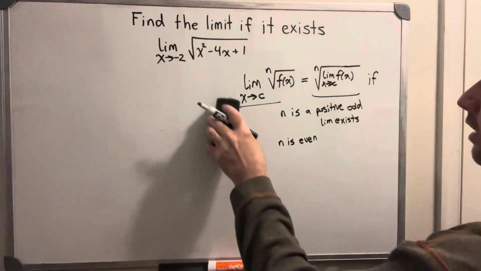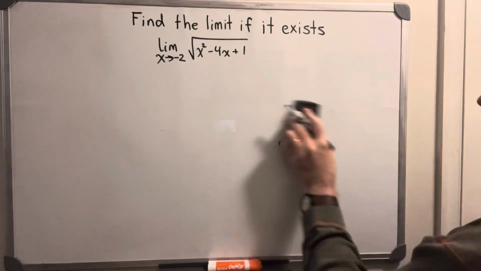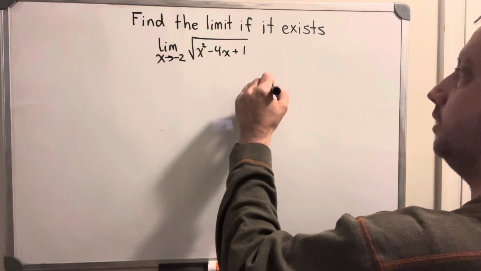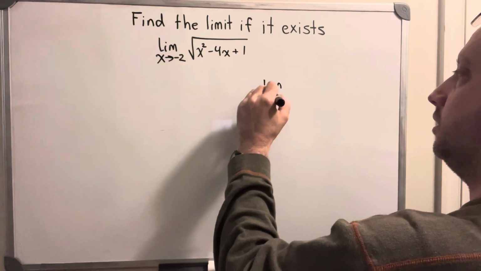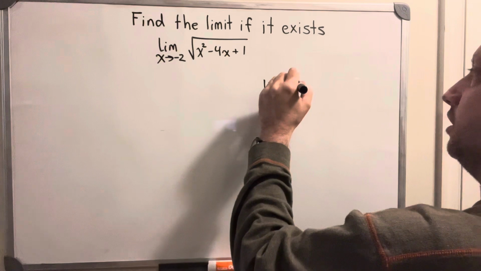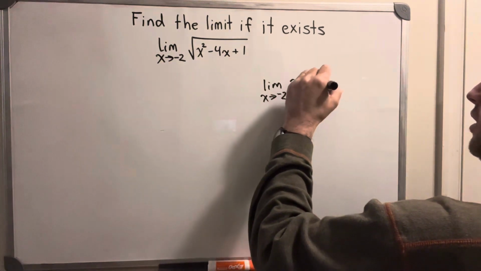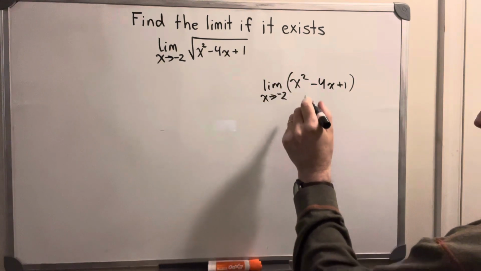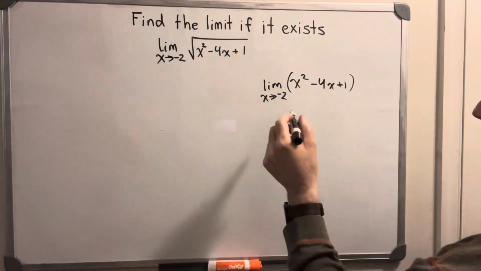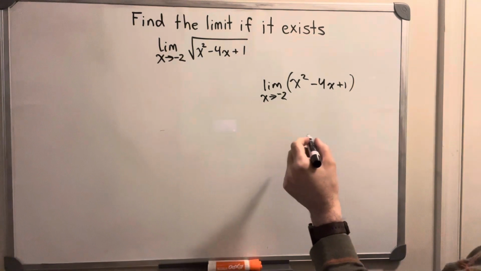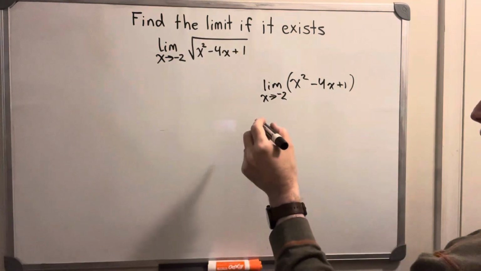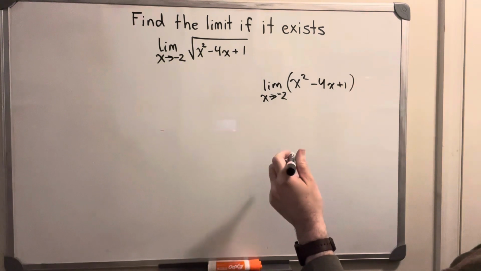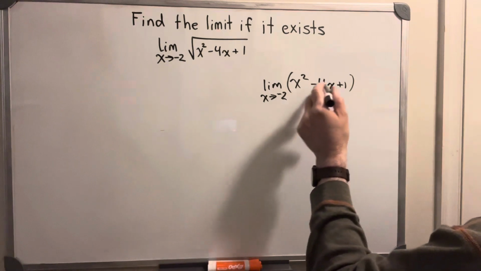So now we need to find out if the limit of the function as x approaches -2 of x squared minus 4x plus 1 exists and is non-negative before we do the taking out of the square root outside of the whole limit.